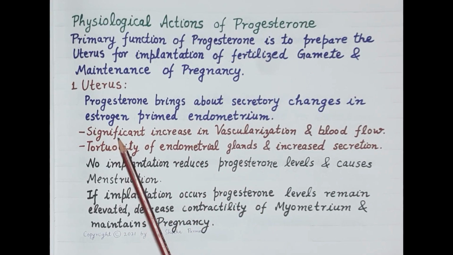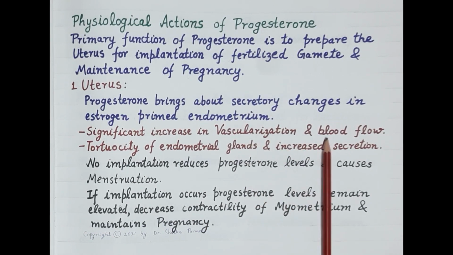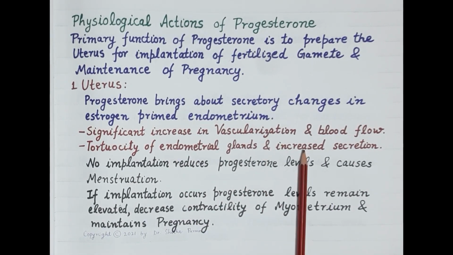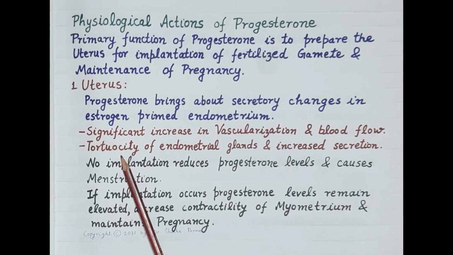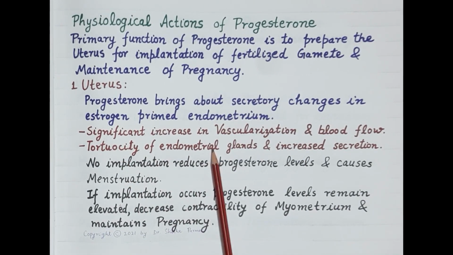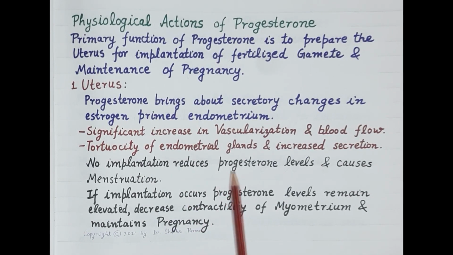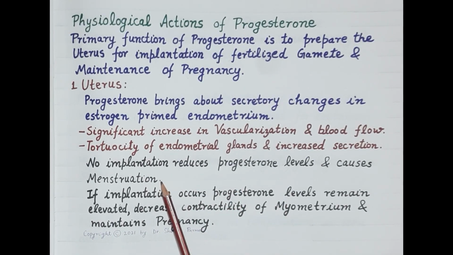So progesterone significantly increases vascularization, and thus it increases blood flow to the endometrium. Further, the endometrial glands increase their secretion, and that causes a tortuosity of endometrial glands. Now, if the egg is not fertilized, there is no implantation. So, if no implantation occurs, progesterone levels fall, and this results in menstruation.